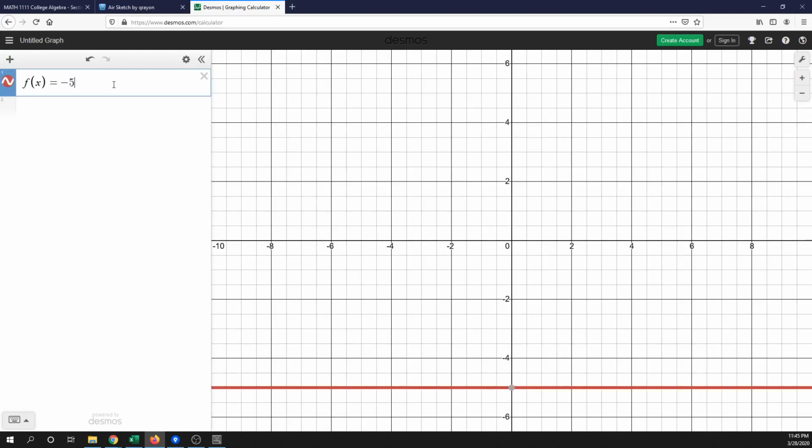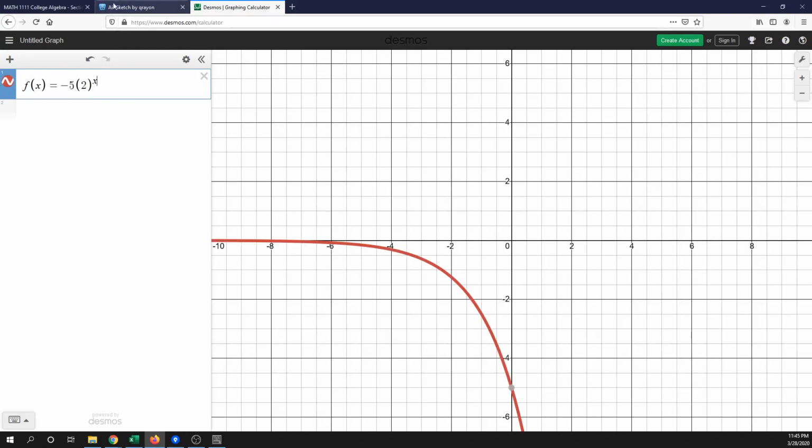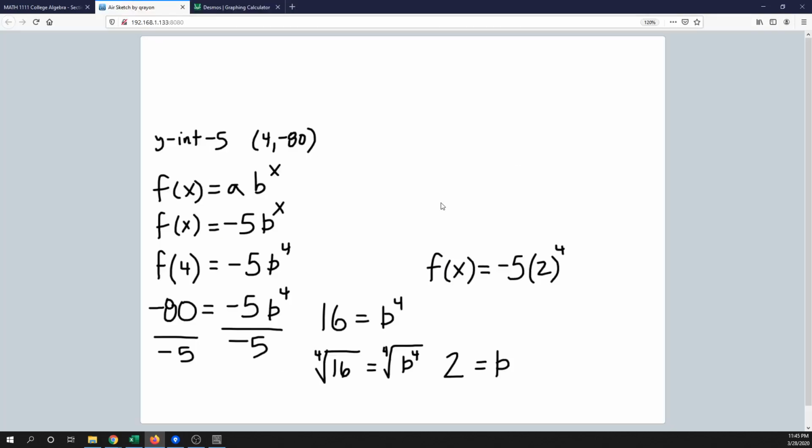So minus 5 times 2 to the x, and I noticed that I wrote down a 4 right here, but it should not be a 4. It should be an x. So the final answer is negative 5 times 2 to the x, okay?